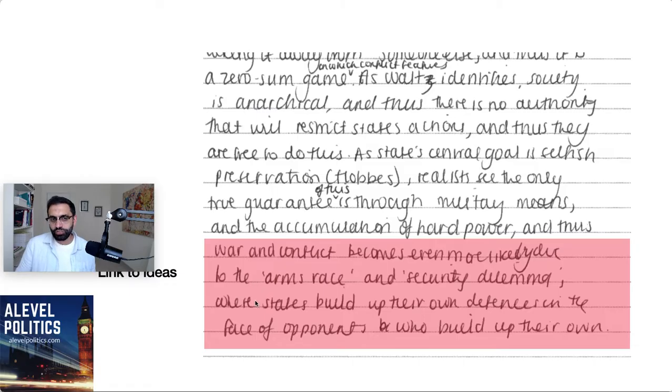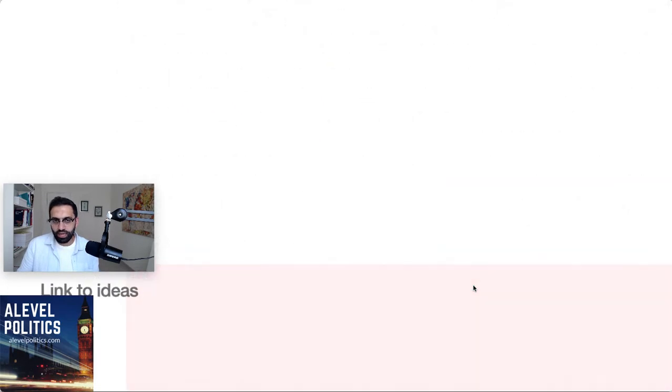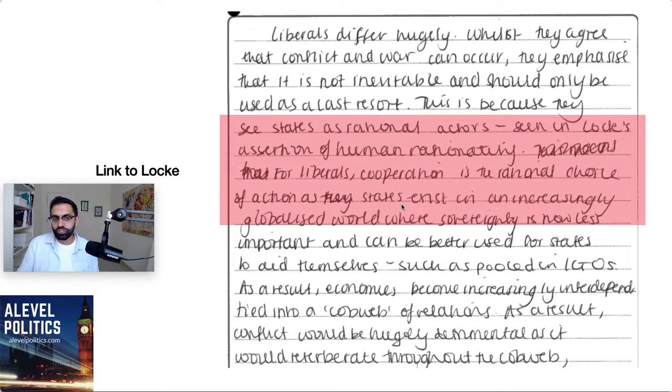And the link to ideas here, because even more, they link to the security dilemma in this 12 marker. So again, links to concepts make good analysis, right? There's a link to Locke in this essay, seen as Locke's assertion of human rationality.